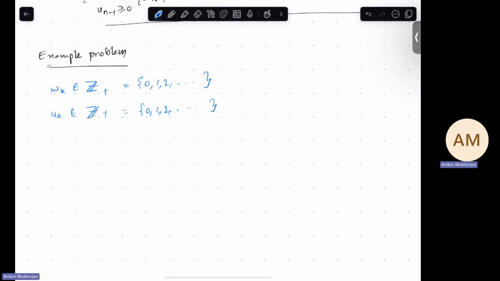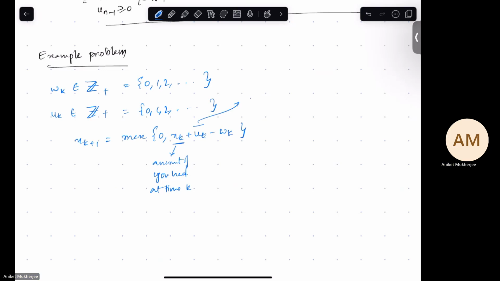And the dynamics that we defined last time was xk plus 1 is max of 0 comma xk plus uk minus wk, where xk is the amount of inventory you had at time k, uk is the amount of inventory you ordered, and wk is the demand that you get in the kth slot.